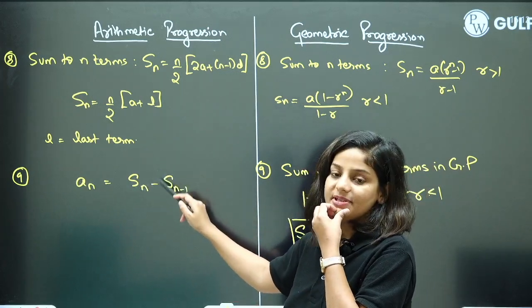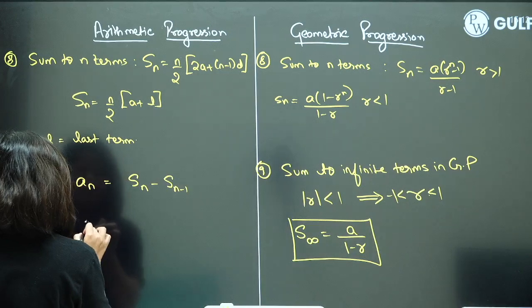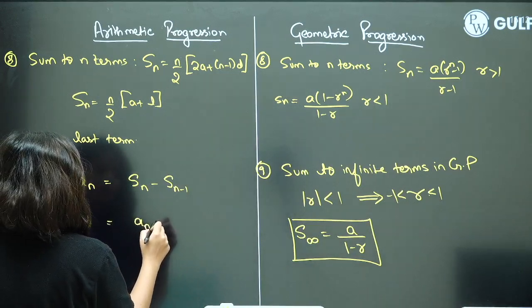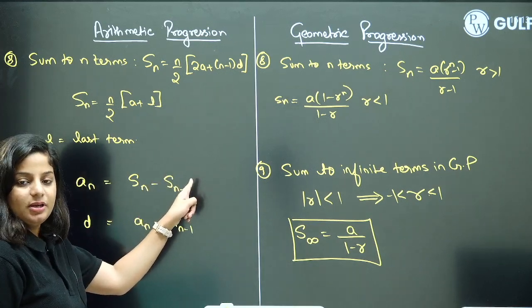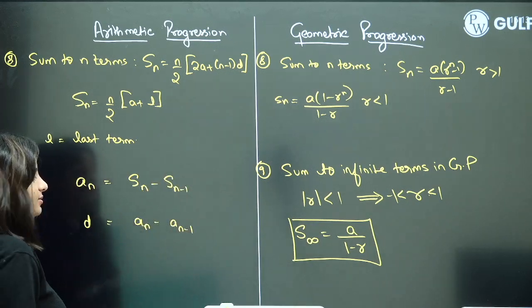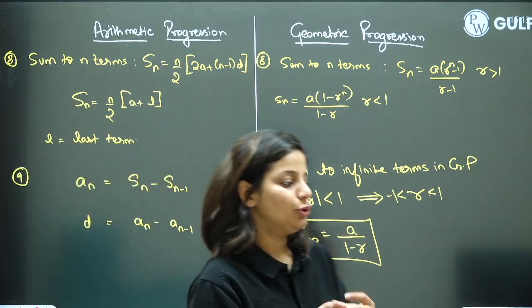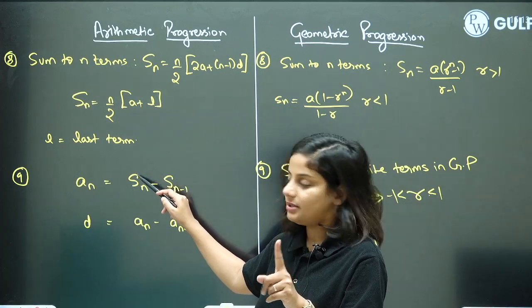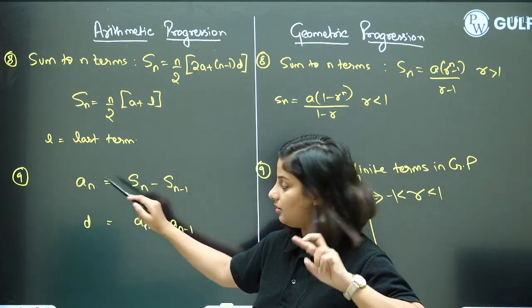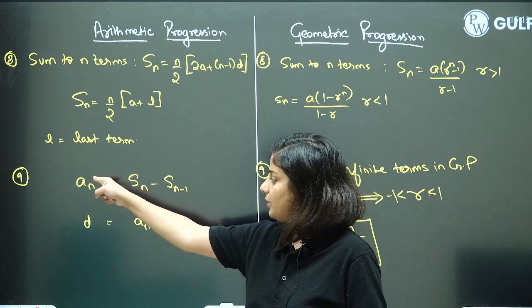Sum of n terms minus sum of n minus 1 terms. This is used in the last part, sum to n terms. Remember, Sn is always quadratic, the nth term is always linear, and d is always constant. So power 2, power 1, power 0.